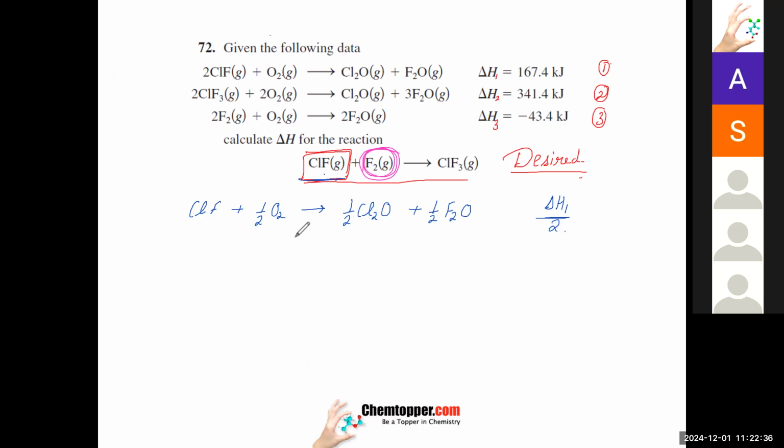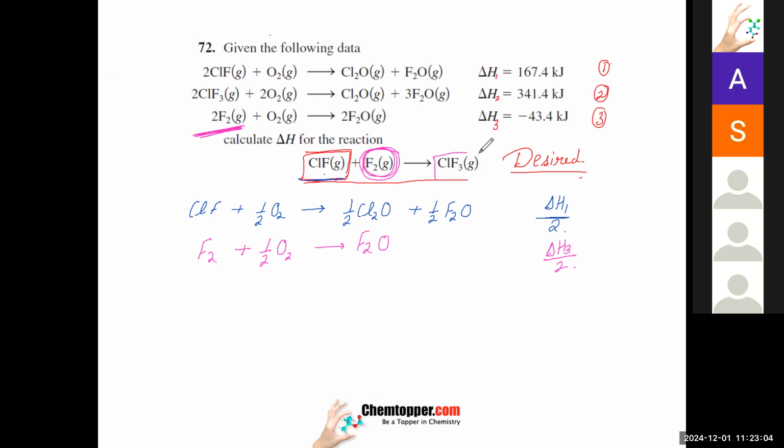You take it as such, but as such means don't flip it. So I'm going to divide it by 2 because I need 1 mole and here we have 2. See? So divide by 2. And F2O. So delta H3 divided by 2.